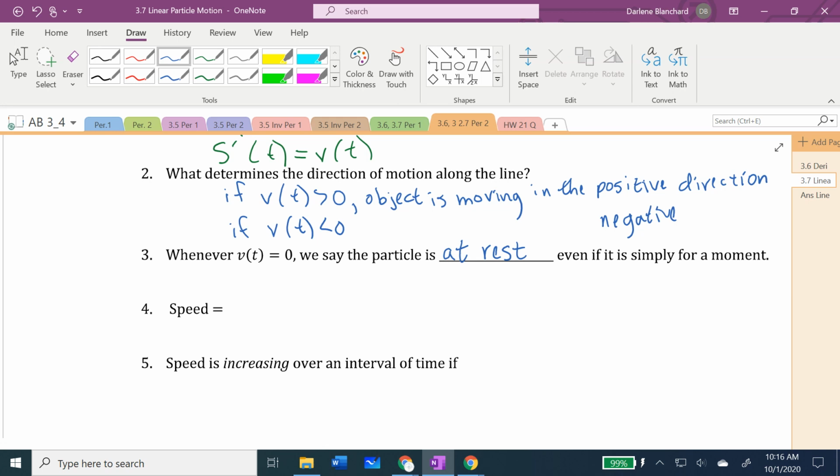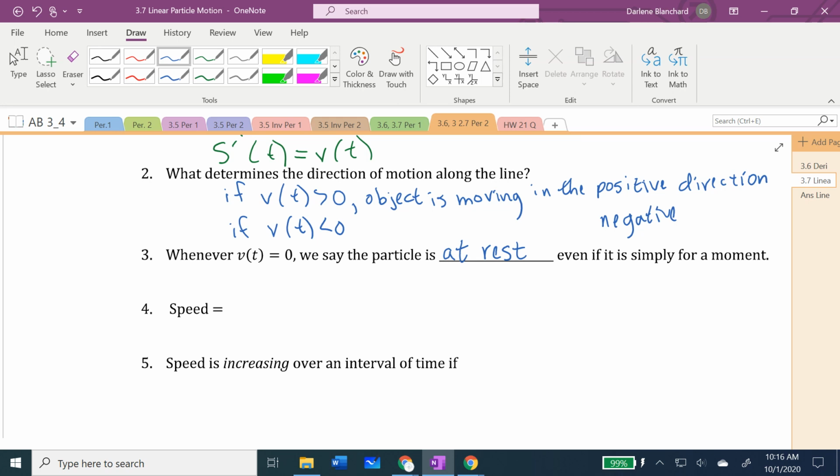Our physical understanding of at rest includes time taking place. I don't know what to tell you. But somebody decided that we were going to say at rest if velocity was 0, even if it was for a moment in time that doesn't actually exist because moments don't make sense. Anyway, moving on.